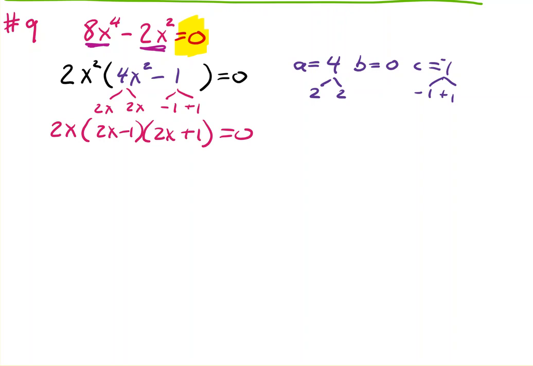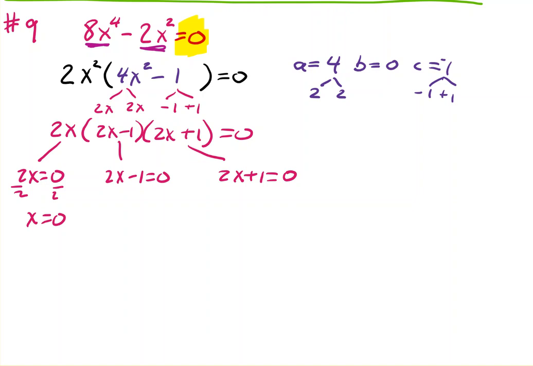It's a rather large zero product property, but hopefully you'll see where we're going. We're going to split this one into 2x equals 0, this one into 2x minus 1 equals 0, and this one into 2x plus 1 equals 0. Solve this one first. X equals 0, which is a viable solution. Solve this one next. 2x equals 1, x equals 1/2.